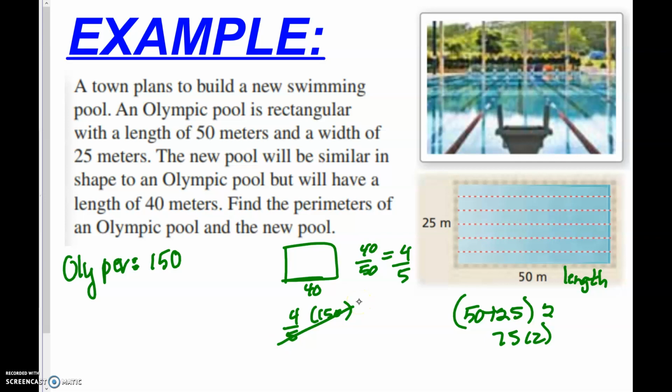And so this one, the new pool, is going to be 120. Okay, or could you have found the lengths of the sides? So could you have done 4/5 of 25 and found out the length of this was 20? So 40 plus 20 is 60. 60 doubled is 120. So you can either do it from knowing the perimeters or finding the lengths of the sides, but either way, the new pool perimeter will be 120.